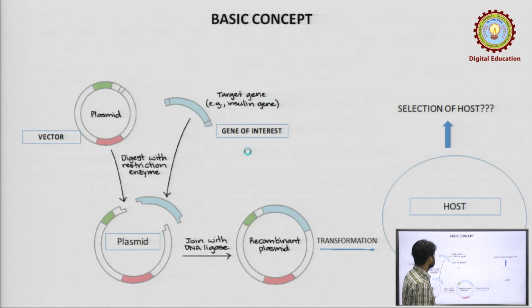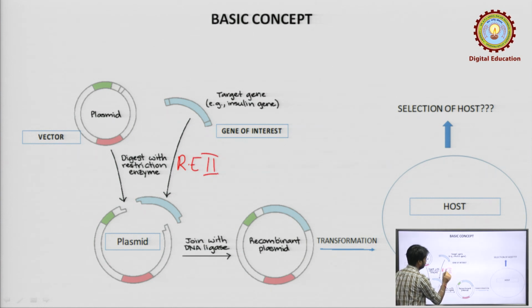So, these are the basic concepts. These are the vectors; we have learned that these are the vector plasmids. They are different. We can use another type of vector like BAC, YAC, phasmid or cosmid. Then we have the target gene. We will use the same restriction enzyme on both.